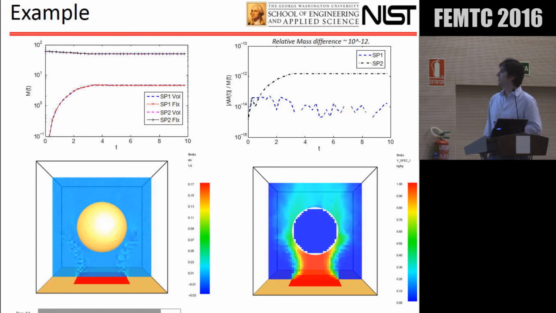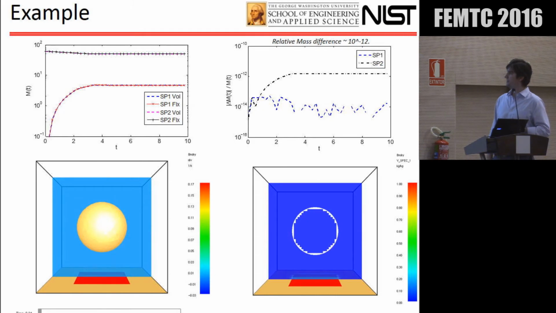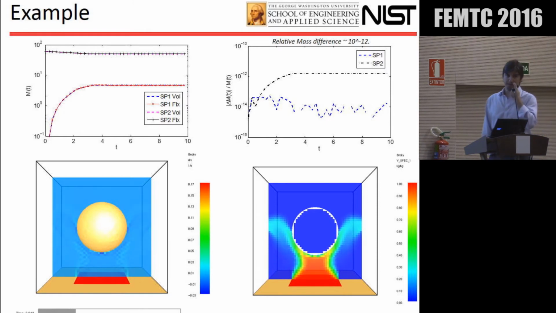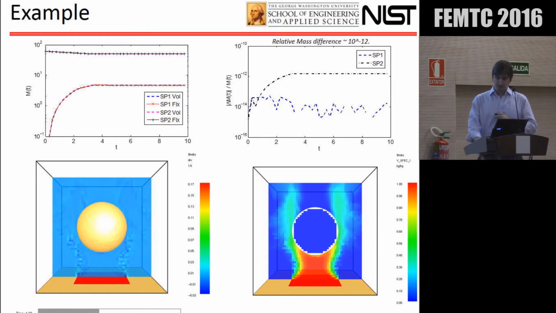So I'm showing here just the integration. We are computing divergence. This is an isothermal flow. We are showing just the species mass fraction concentration in time.